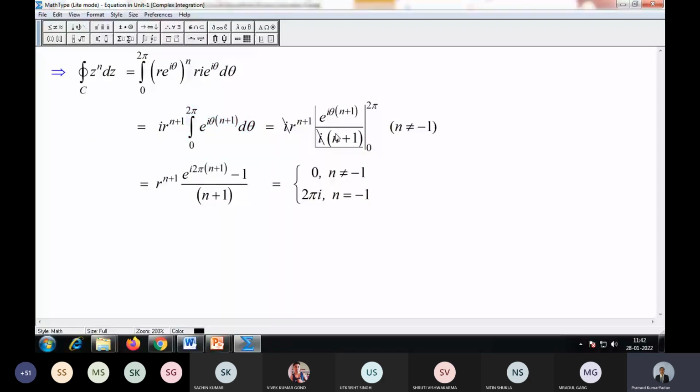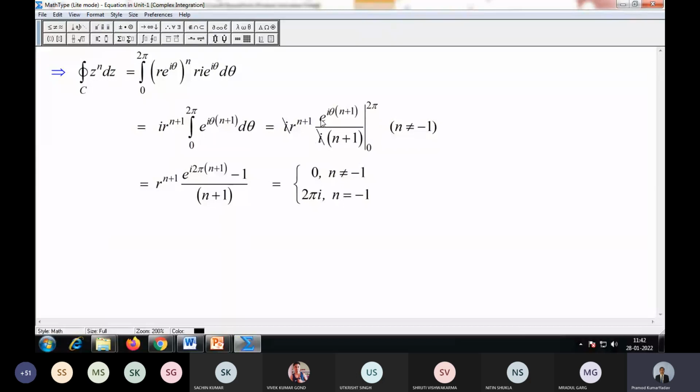It means n plus 1 is coming in the denominator. So if n plus 1 is coming in the denominator, immediately we should put the restriction that n should not equal minus 1. Otherwise, what will happen? If n equals minus 1, then it will tend to infinite. So whatever we do in the integration here, n should not be equal to minus 1. In that case we are going to use the limit.